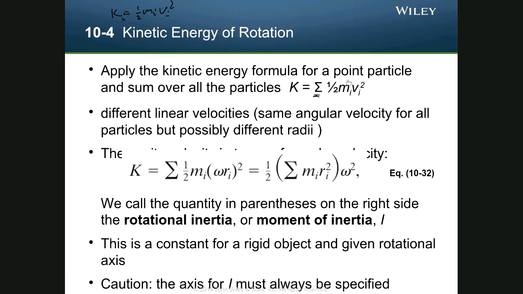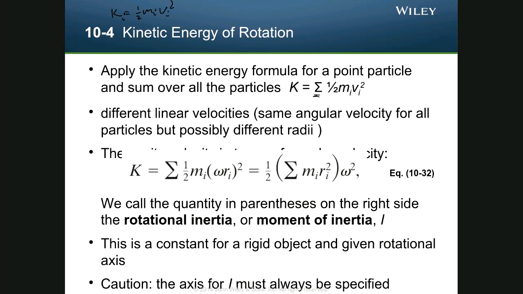All right? So what we can see is that these particles, if they're rotating, will have different linear velocities, but they should all have the same angular velocity, but possibly different radii. So we can write the velocity in terms of angular velocity. Let's look at our system again.